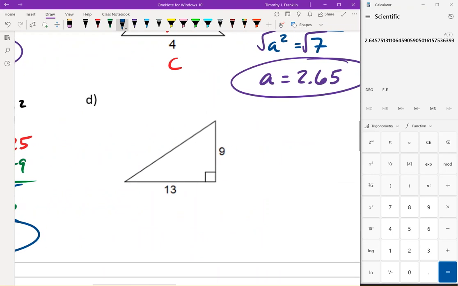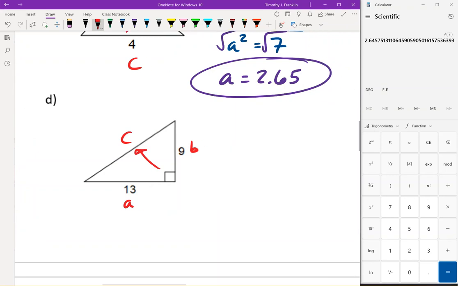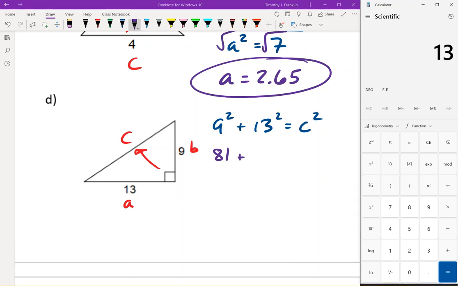Last one, 13 and 9. And these are, again, our a and b values. We're missing c here. So a squared plus b squared equals c squared. 9 squared plus 13 squared equals c squared. Well, 9 squared is 81. 13 squared is 169.